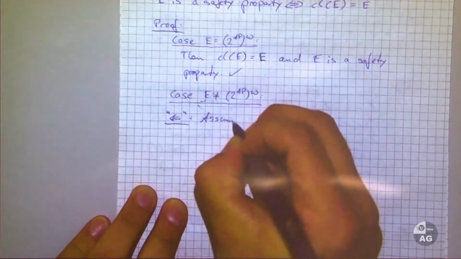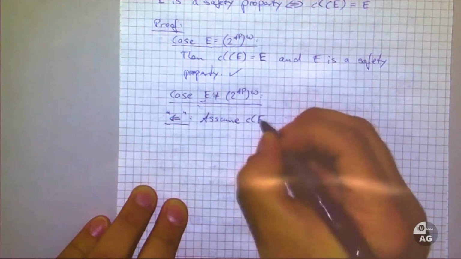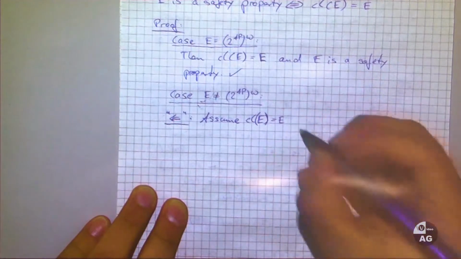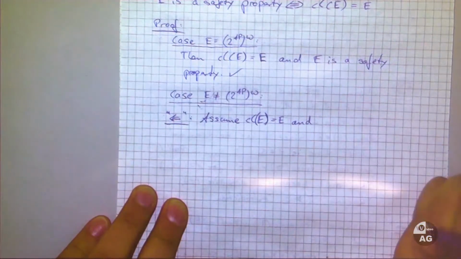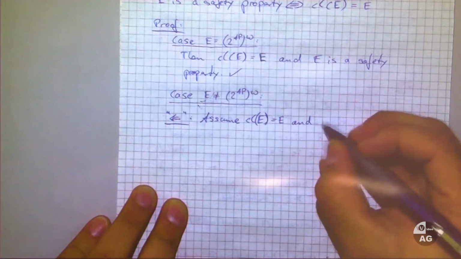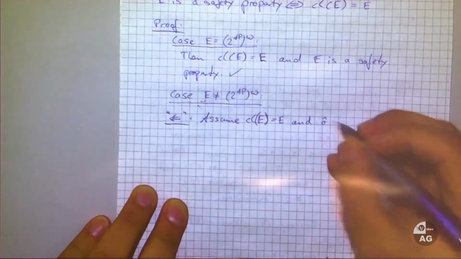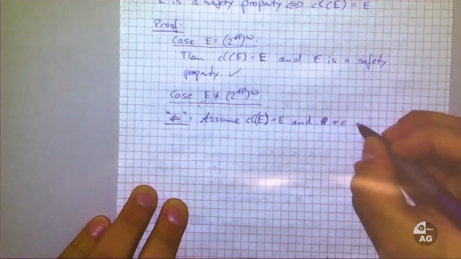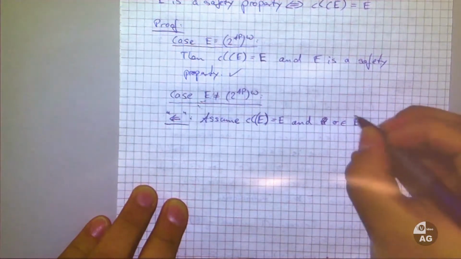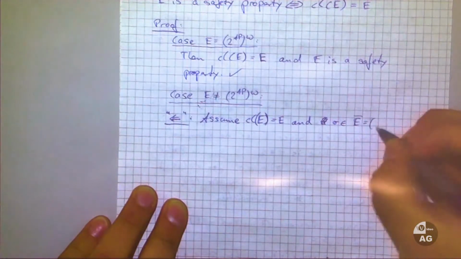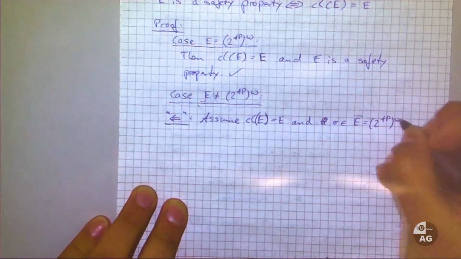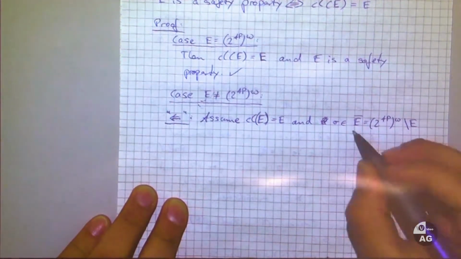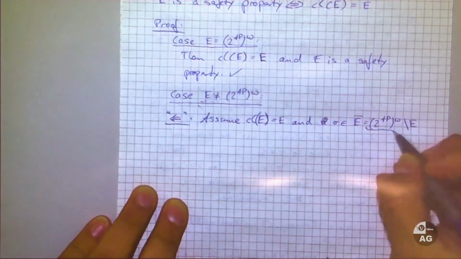So we assume the closure of E is E itself, and we take an infinite word sigma in the complement of E, meaning 2 to the AP omega without the set E. And this is why we made the case distinction here.